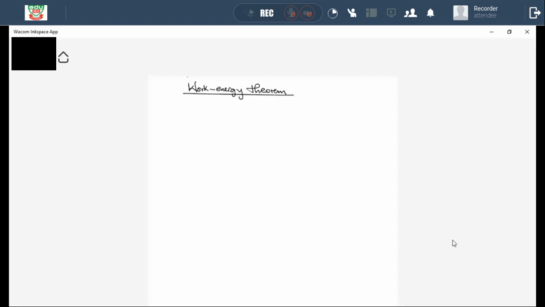It says, the work energy theorem in words, the net work done on an object is equal to the change in the object's kinetic energy.